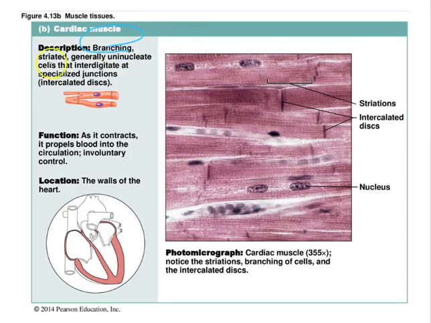They are mono or uninucleated, just one nucleus at their center. And look at this. These are intercalated discs, which show that there is a connection between the cardiac muscle cells. So we can find the cardiac muscle tissue in the wall of the heart.